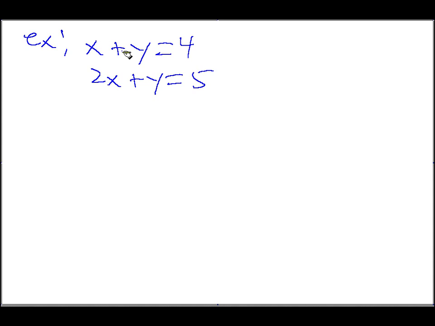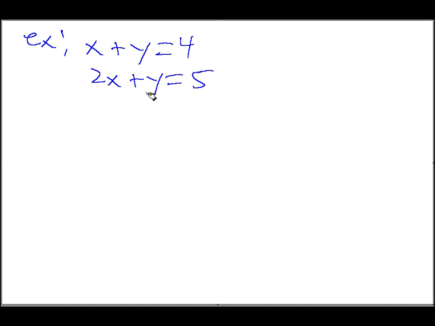Now, let's observe that, well, if only I can get this y up here, or down here, doesn't matter, right? Let me choose the y down here, actually. If I can get this plus y to be a minus y, then I'm good, right? Because then I have plus y and minus y, and they'll cancel out if I add them vertically. So how do I go about getting this plus y down here to be a minus y?